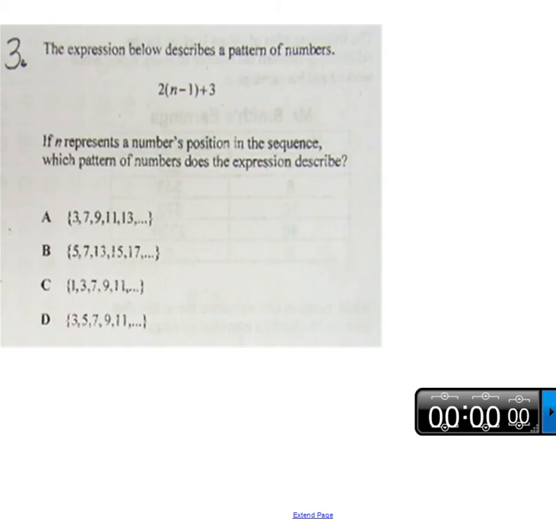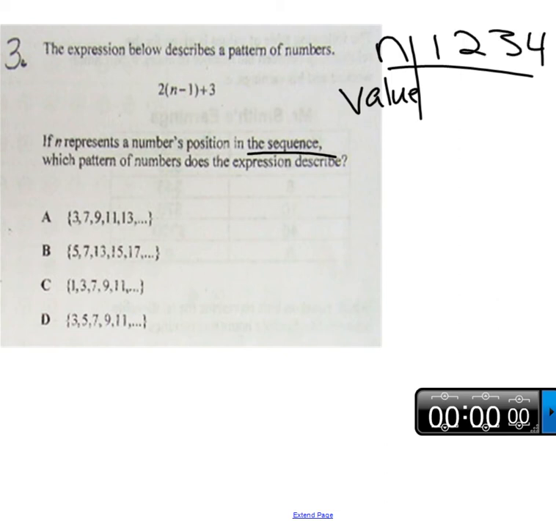Number 3. Anytime we talk about sequences, your first step should always be to make the table. We have N, which represents our position. Remember, position always starts at 1 and works its way up. The values, we're looking for which of our 4 answers is going to be the correct values.